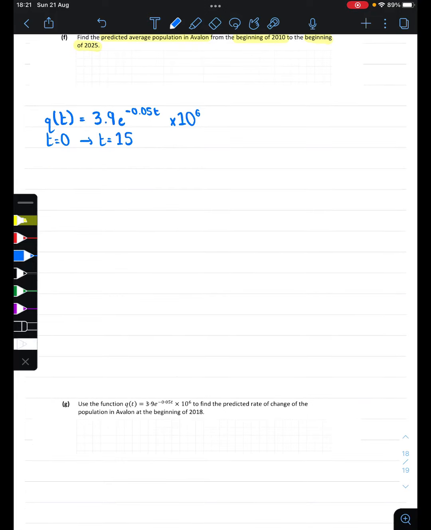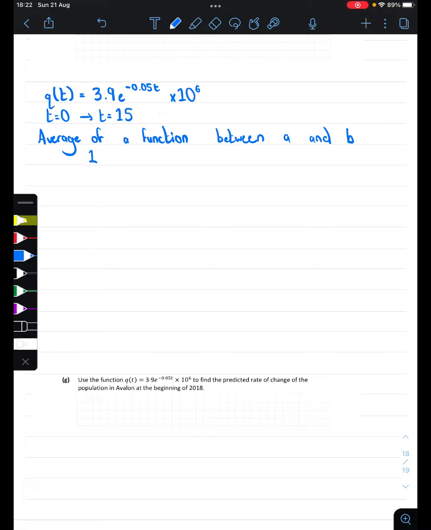We have this formula for the average of a function between a and b: it is 1 over b minus a times the integral from a to b of the function.